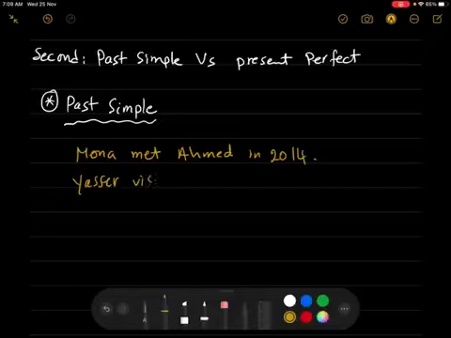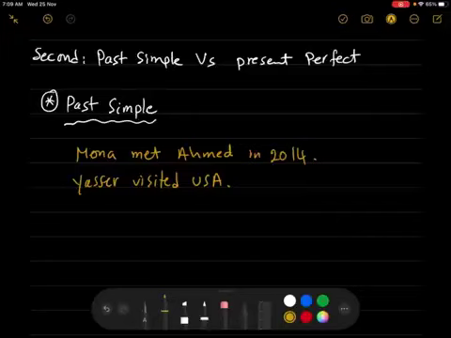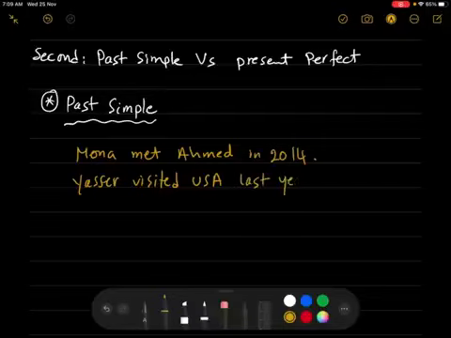Okay, another example. Yasser visited USA. We can stop the sentence here, and we can understand this action, the action of visiting USA by Yasser, was completed in the past. Using the past simple, we have an opportunity to specify the moment in the past in which the action was completed and say last year.